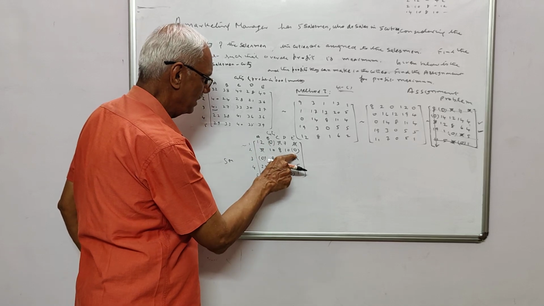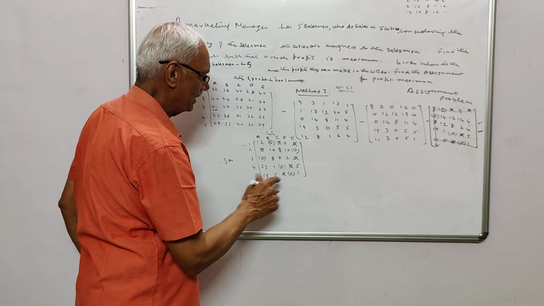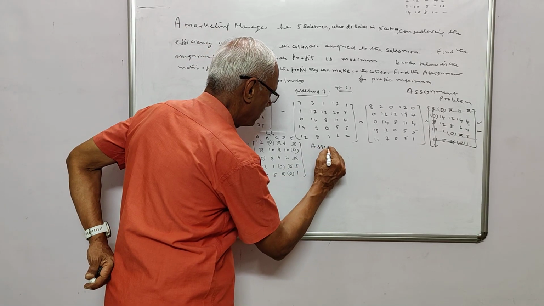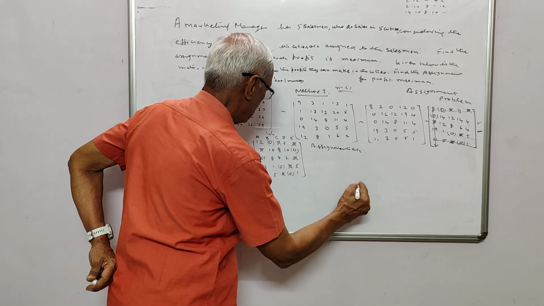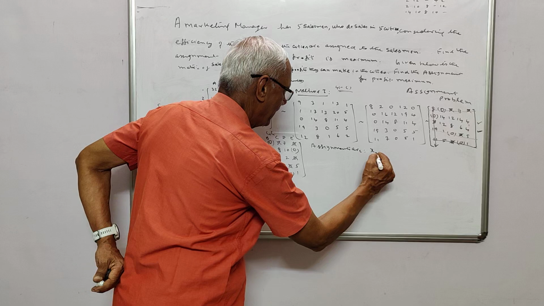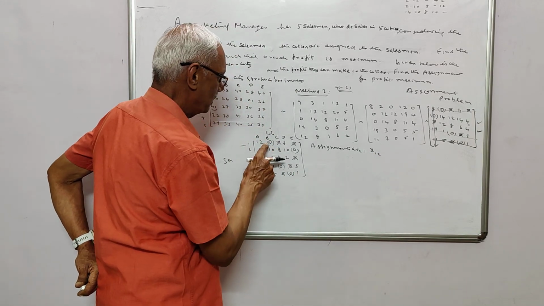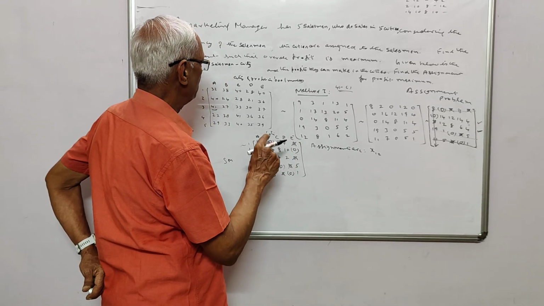What is the assignment here? x25. What is the assignment here? So what are you having? So your assignments are x12. So x12 is assigned. When x12 is assigned, what is your x12 element?